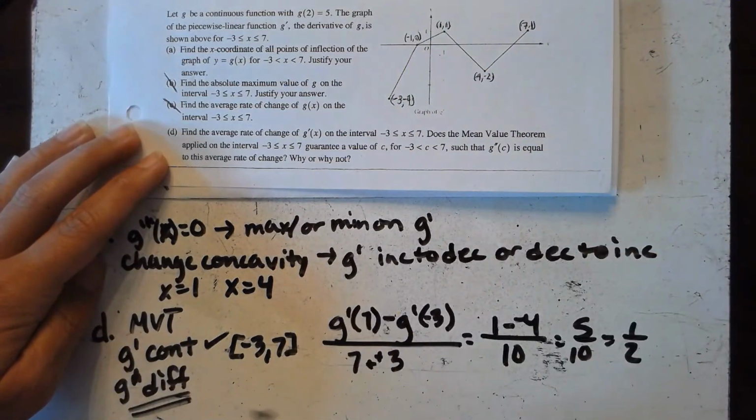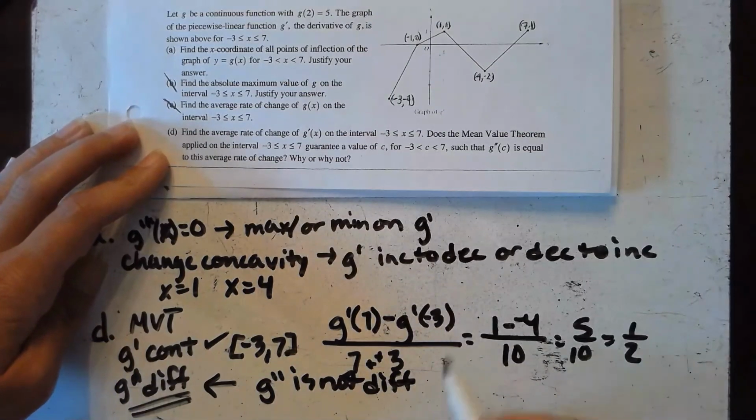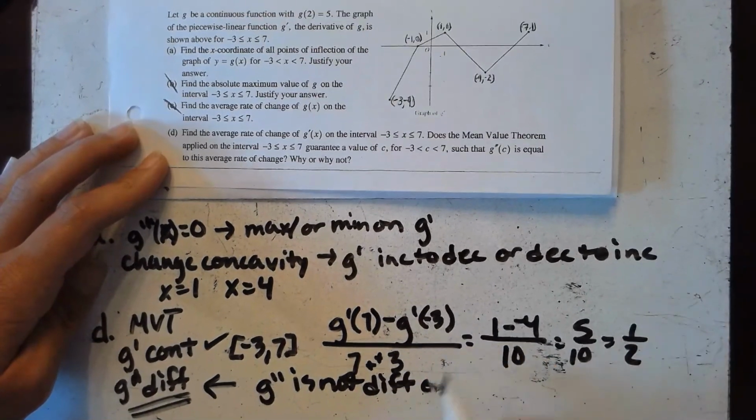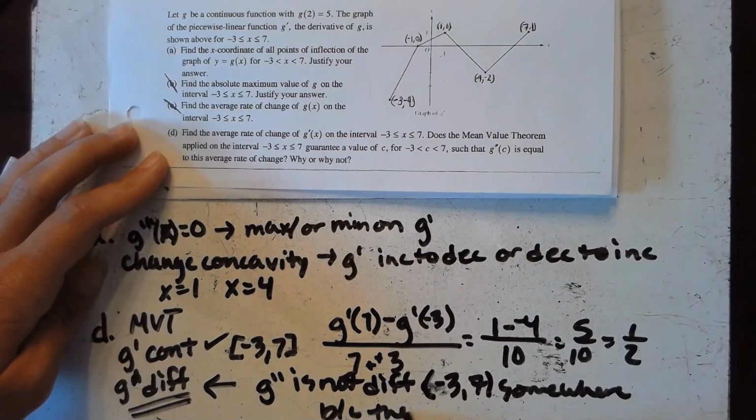And so therefore G double prime is not differentiable on the interval from -3 to 7 somewhere, because there are sharp turns.